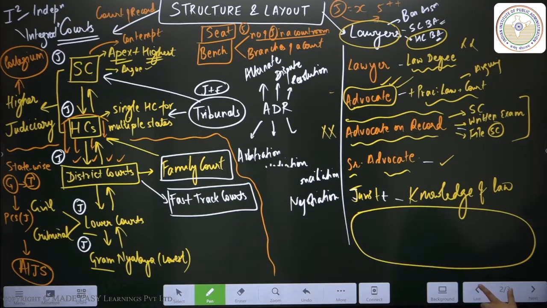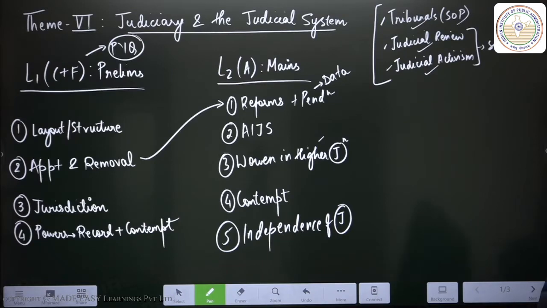Sure. Attorney and lawyer mean the same thing. A senior advocate is nothing but a lawyer who has been designated by the court.